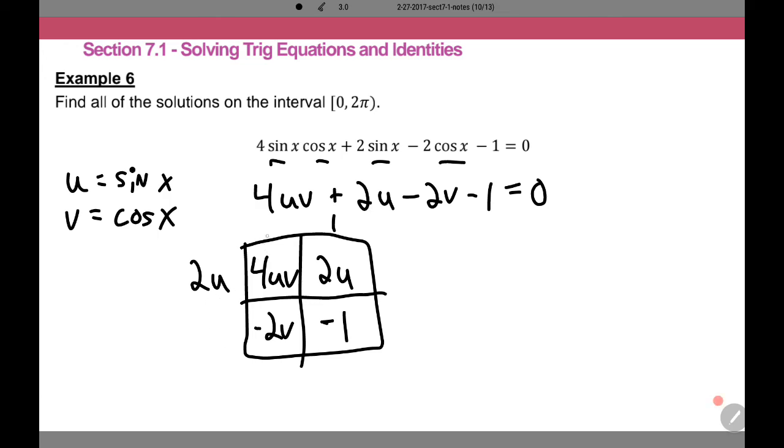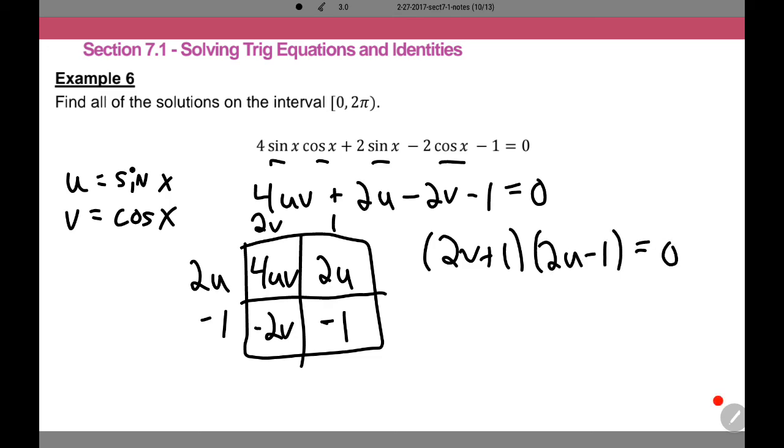Alright, and if I do a 2v up top, 2v times 2u is 4uv. 2v times -1 is -2v. So this actually factors like this. 2v plus 1, 2u minus 1 equals 0. So v equals -1/2, u equals +1/2.